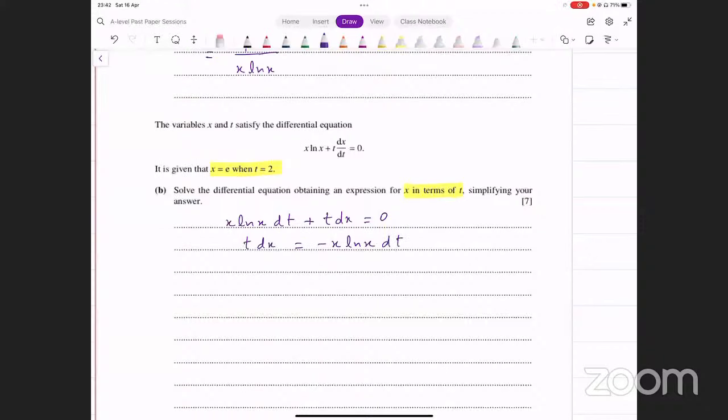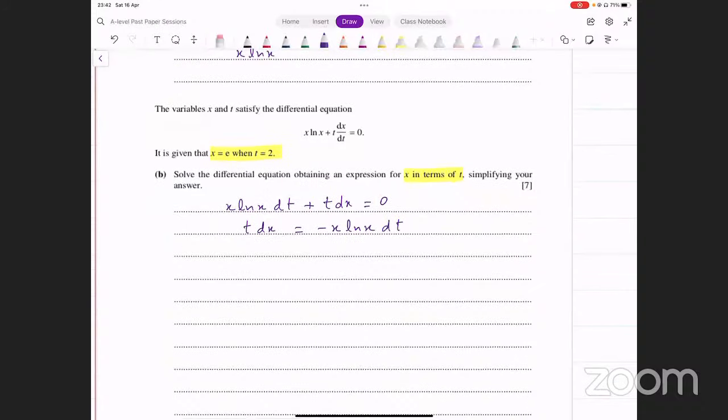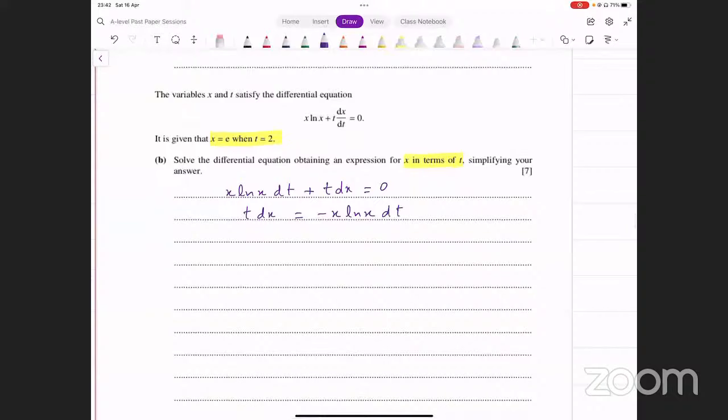This is what we are getting. Now, we can take the x terms to the left side, t terms to the right side. What does that give us? That gives us minus 1 over x ln x into dx, and that equals 1 over t dt. ये आपने variables को separate कर दिया.